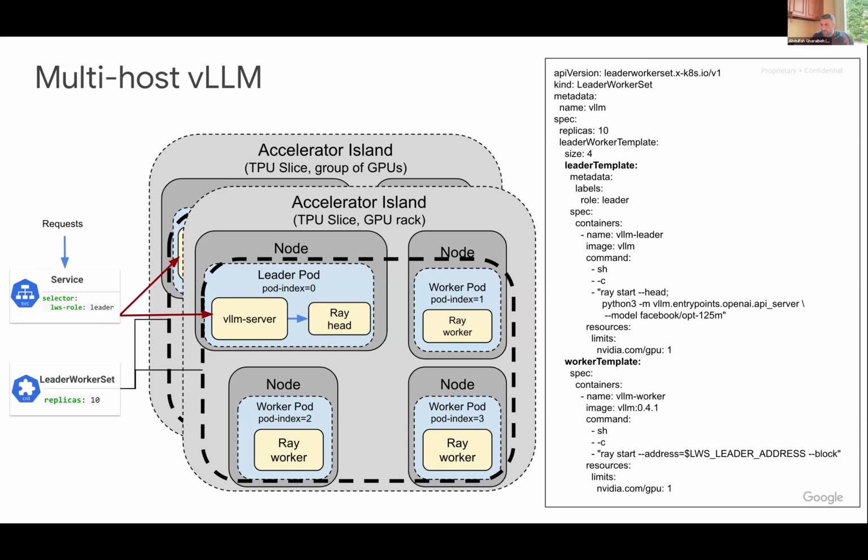Subgroup 1 is going to be 0 and 1, and subgroup 2 is 2 and 3. Then you get a second level of indices, subgroup local index 0 and subgroup local index 1, and this one gets subgroup local index 0, 1 as well. And because you have those stable DNS records, we're able to map them as well.